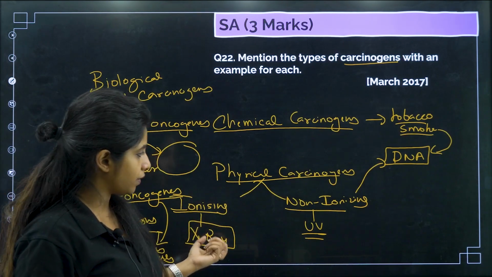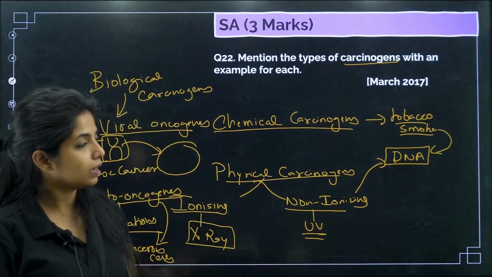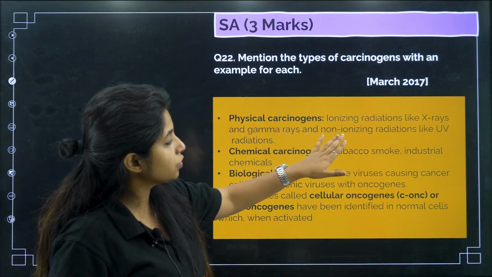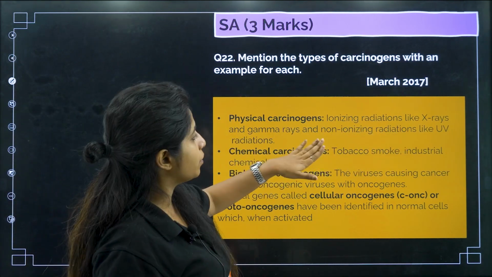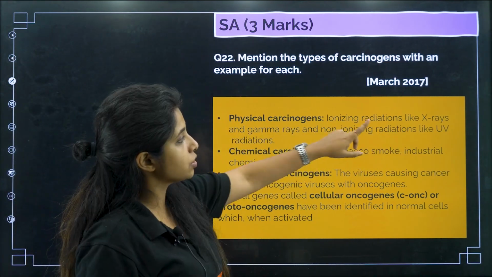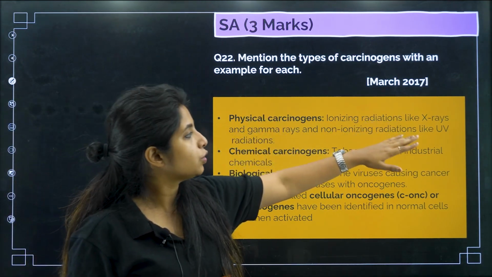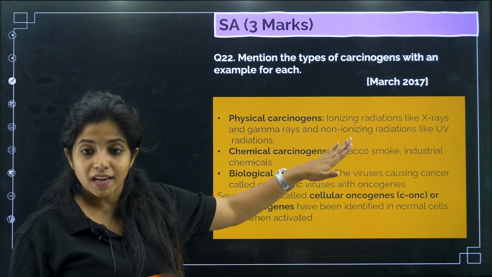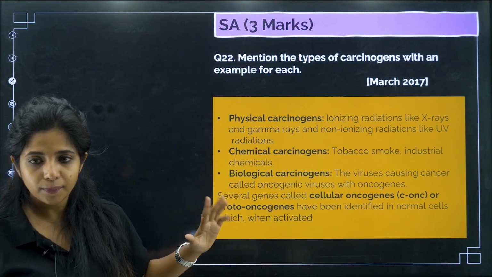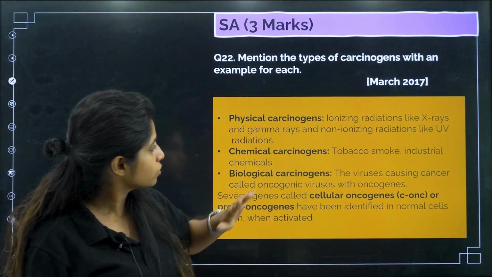In ionizing you have X-ray, in non-ionizing you have UV rays. So over here is the answer. Physical carcinogens: ionizing radiation like X-rays and gamma rays, and non-ionizing radiation like UV radiations. You have to remember that X-ray comes under ionizing, and UV comes under non-ionizing. This is very much important. In chemical carcinogen, you have tobacco smoke and things like that.